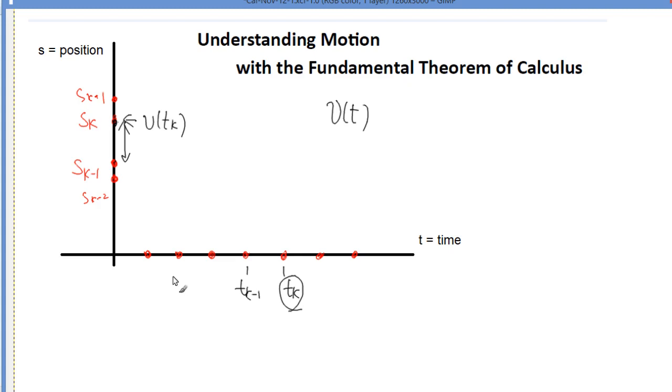Because it's one millionth of a second, the velocity isn't changing too quickly. For example, if you drop a ball under the influence of gravity, it goes down. If you think about a millionth of a second, I don't think the velocity is that different, right? So v(t_k), a millionth of a second earlier, the velocity is almost the same.